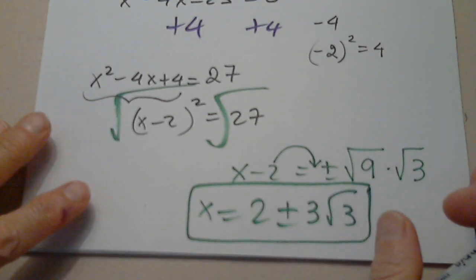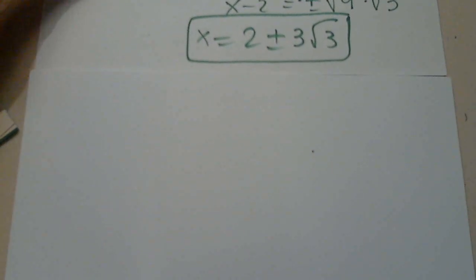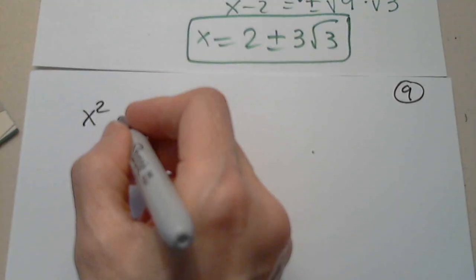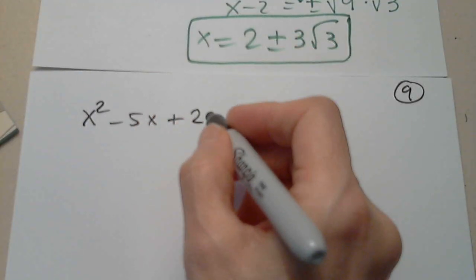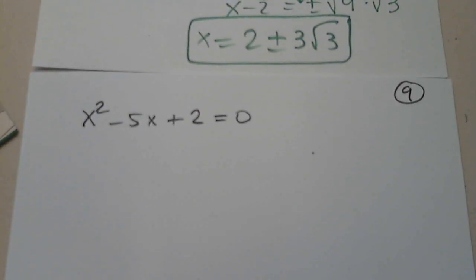Now here's a slightly more difficult situation, only because we are looking at fractions. Here's why. So let's say we have x squared minus 5x minus 20. I'm going to make it minus 20.